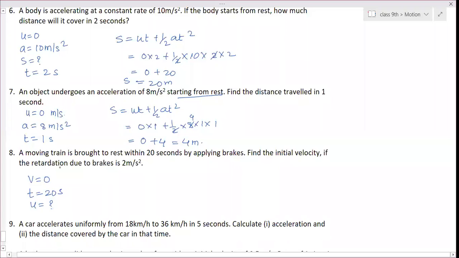And then this one is given retardation, a is equal to minus 2 meter per second square because it is retardation. So use the formula v is equal to u plus at. v is 0, so 0 equals u plus minus 2 into 20. So u minus 40 is equal to 0. So 40 is equal to u.